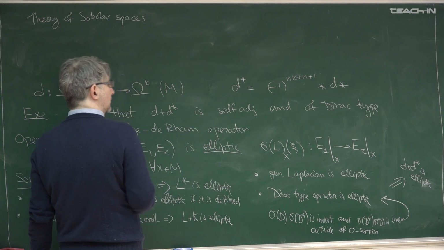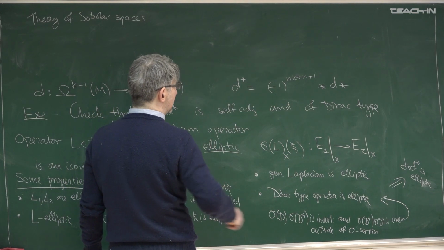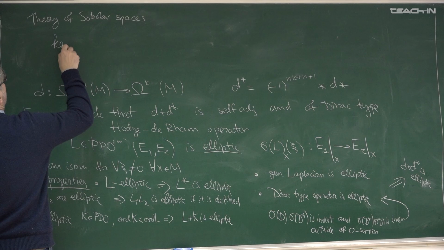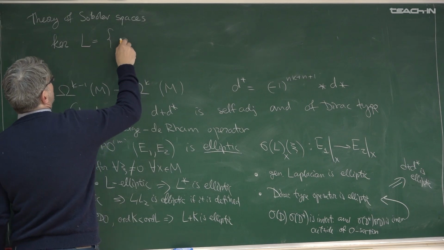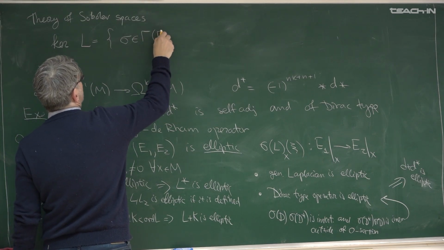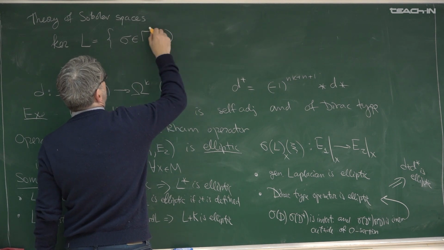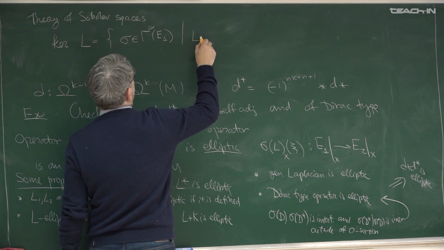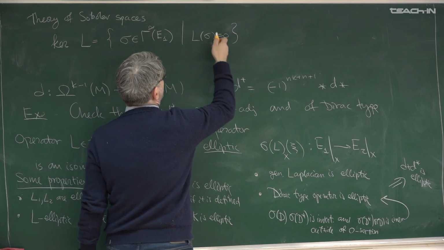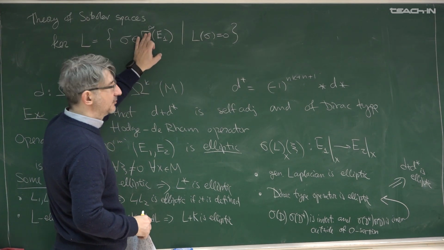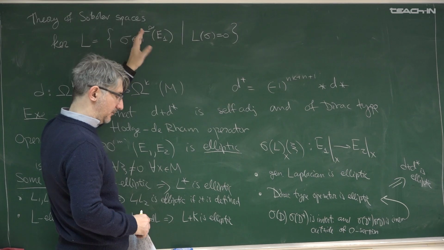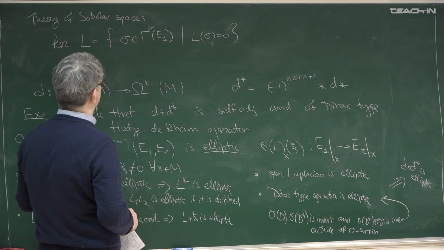So the very simple thing which I want to say is that let us denote by kernel of the operator L the smooth sections such that L of sigma is 0. This is what is written here. This is a solution of a differential equation, but we look for solutions which are smooth, C infinity smoothness.